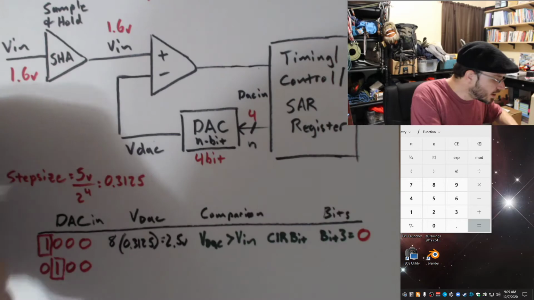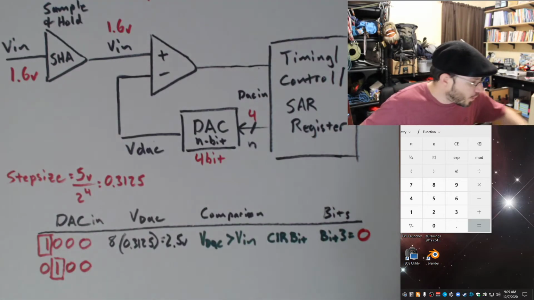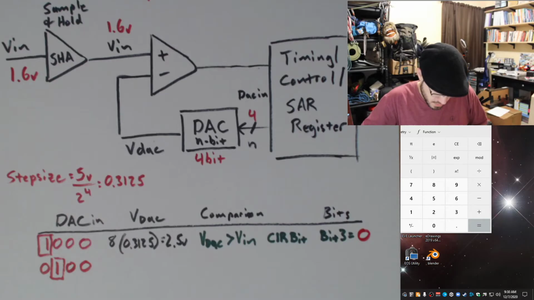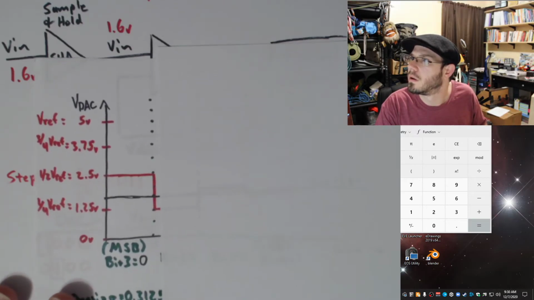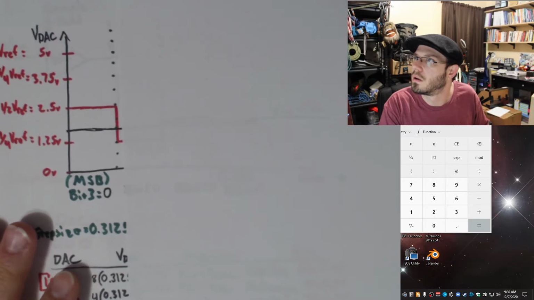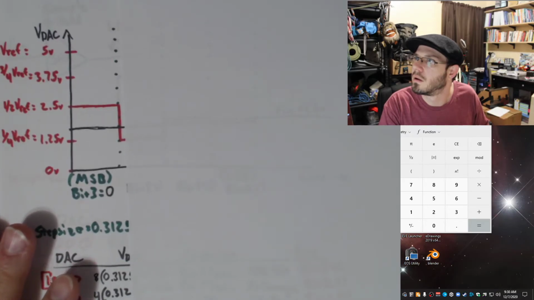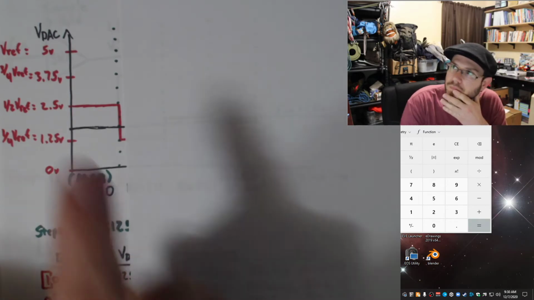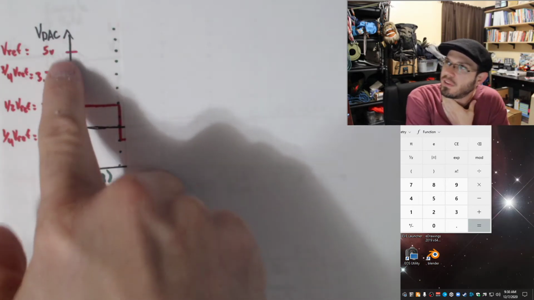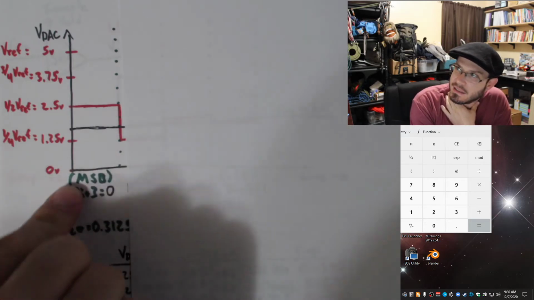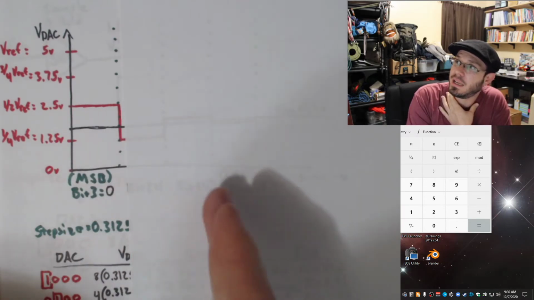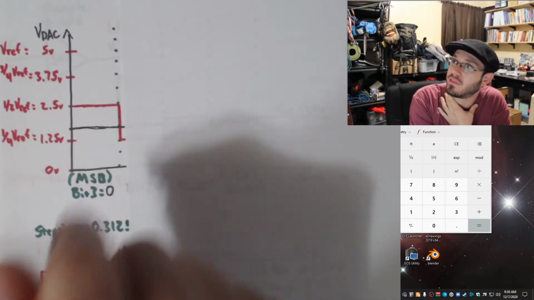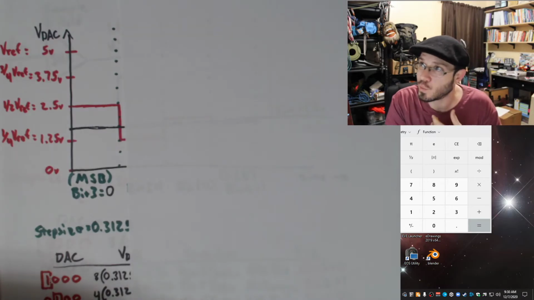Now, if we go ahead and look at this as a graph, over here, I've listed our VDAC along the y-axis, and across the x-axis, I'm putting time as we successively approach our actual VIN.